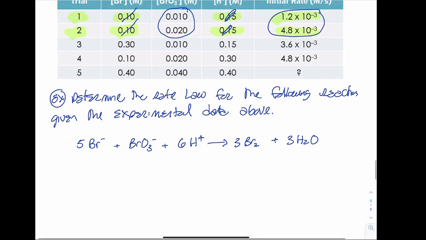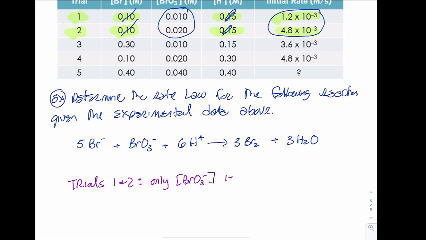We're going to look at trials 1 and 2. Only the concentration of bromate ions is changing.